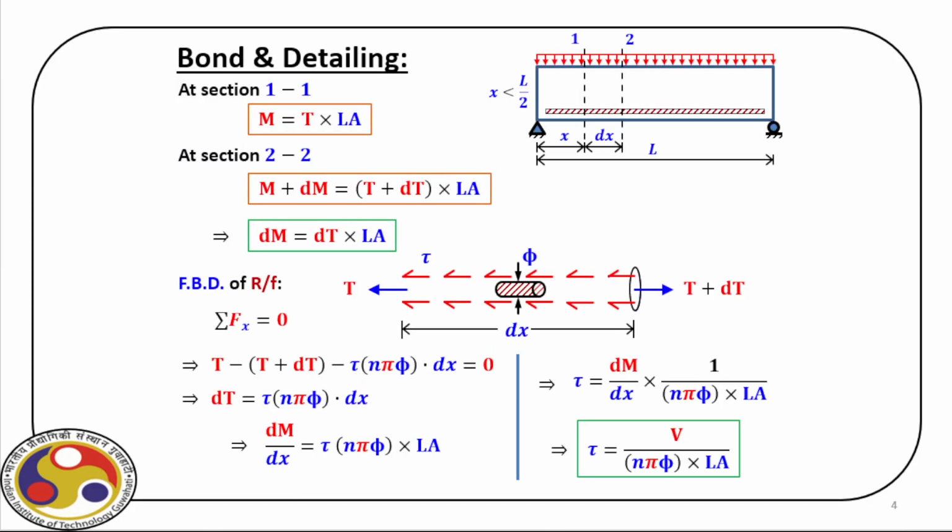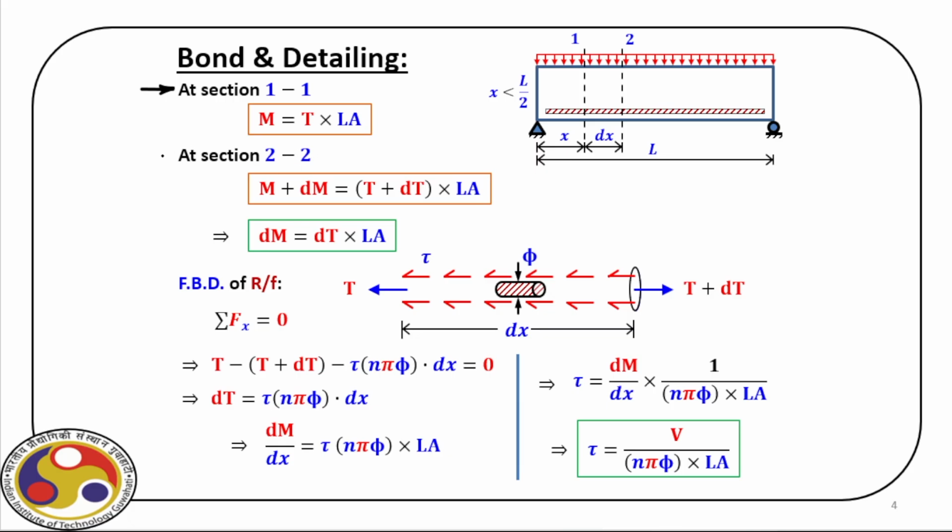So let us consider two sections, as I said, dx apart, and at section 1-1, that is the first one at a distance x from the left end of this simply supported beam, the moment at this section we can calculate: T is the tensile force on the rebars, which multiplied by the lever arm is the moment capacity or MR at that particular section 1-1, as you can recall from our beam design.